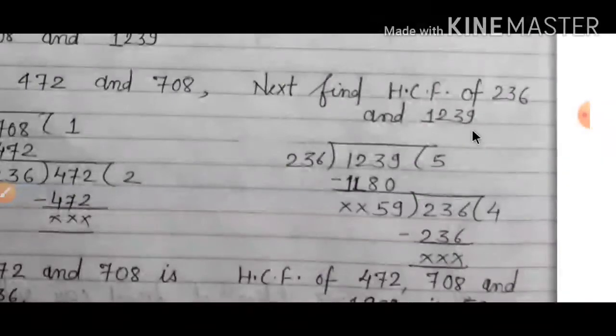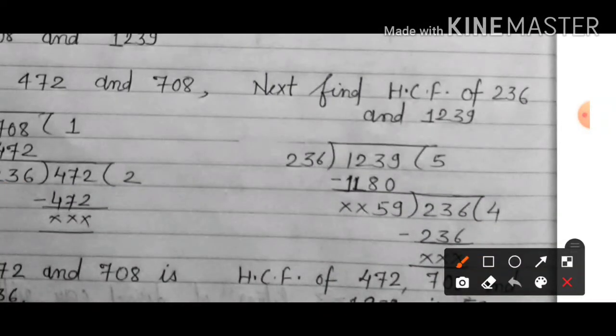Here you can see 1239 is greater than 236. It means you have to divide this number by this one. So if we take 236, how many times we have to take? 5 times. So it will come less than 1239. Now minus this, so answer will be 59. Now we have to divide the first divisor 236 by first remainder, which is 59.